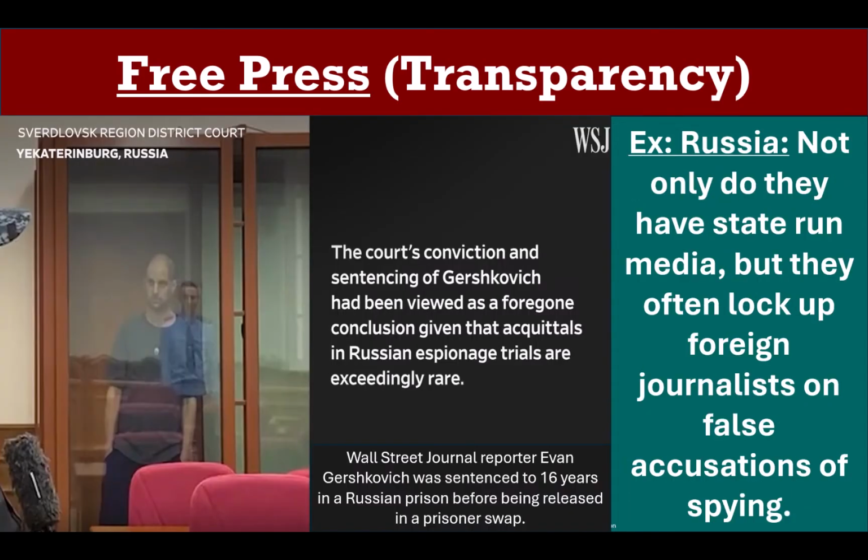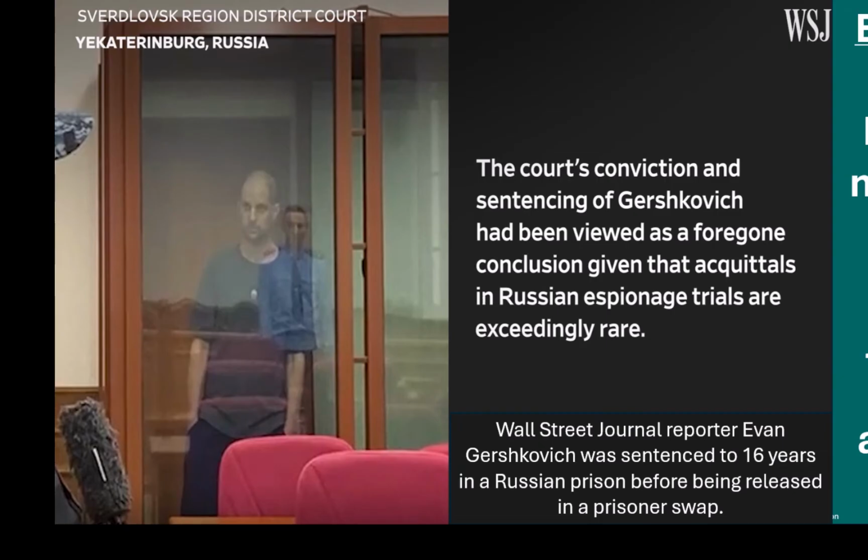So again, we need to be able to compare nations that do not have a well-established system of rule of law, and we'll look at Russia as an example. Not only does the Russian government have state-run media, but they will lock up their own reporters who criticize the government. Russia also often locks up foreign journalists on false accusations of spying, as we noted recently when Russia returned a U.S. Wall Street Journal reporter who had been held on false charges.